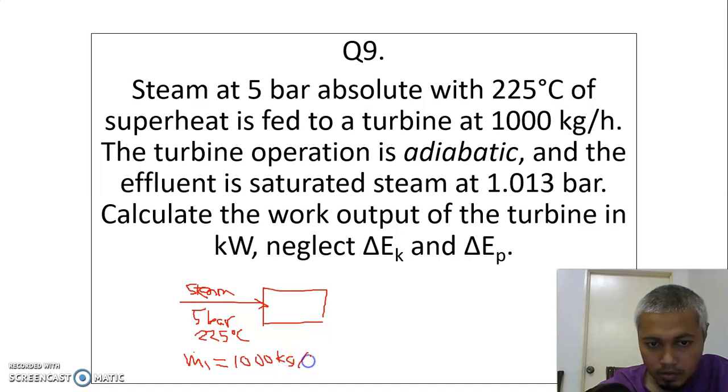The turbine operation is adiabatic, so Q equals 0. And the effluent is saturated steam, which means the outlet is saturated steam.